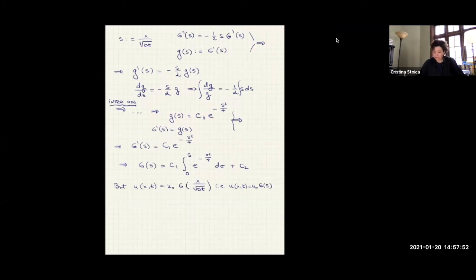So from these two, we end up with u of x and t equals u naught times C1 times the integral from 0 to x over root dt of e to the minus sigma squared over 4 d sigma, plus C2. I should breathe for a second so you catch up.